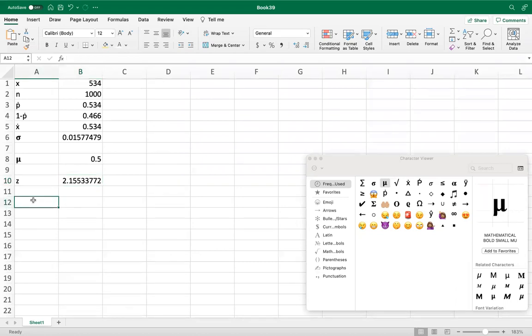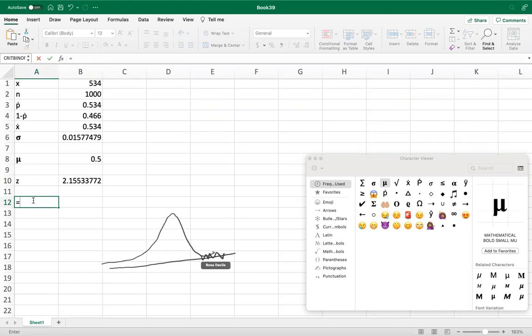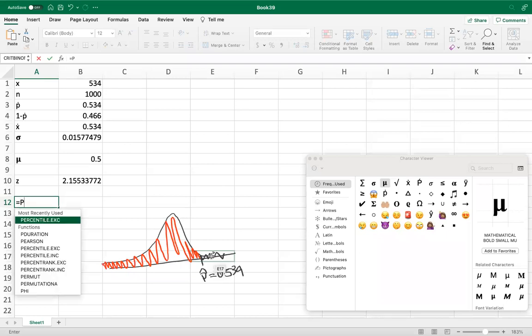And the way we could calculate that, with a normal distribution, this is the area that we want, so greater than p hat equaling 0.534. But whenever we look at the probabilities, Excel only reads from left up to that point. So from the left, negative infinity up to that point, that's what we're going to find first, and then we'll find the probability here.